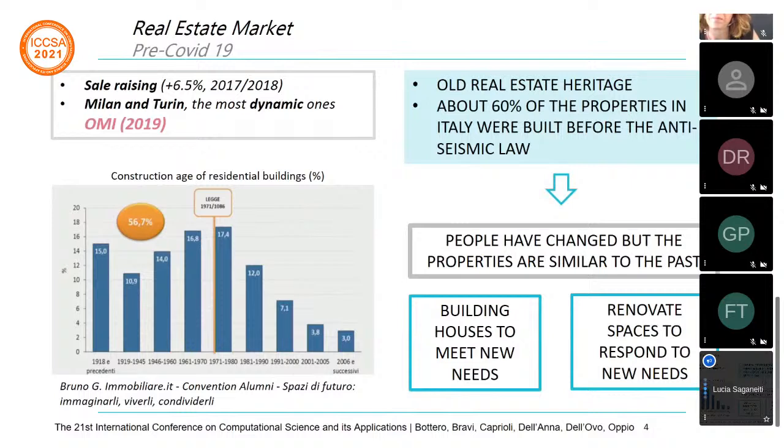But if you look at the property, the houses, the buildings, we can see that most of them, 60%, were realized before the anti-seismic law. It means that they are old and are not able anymore to meet the new law requirements and also the new necessities of people.